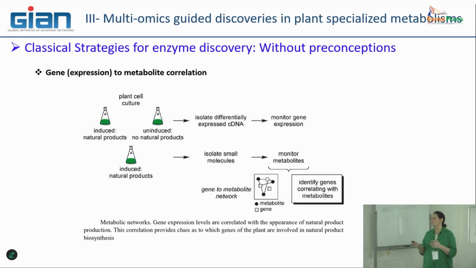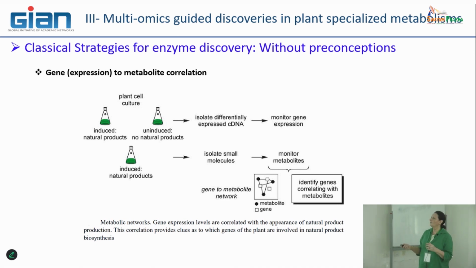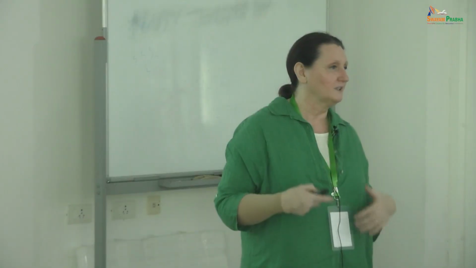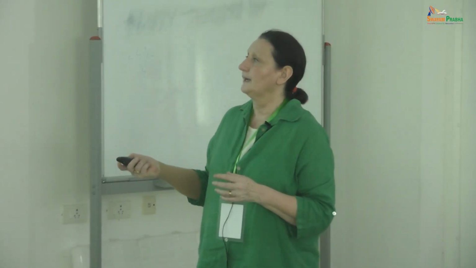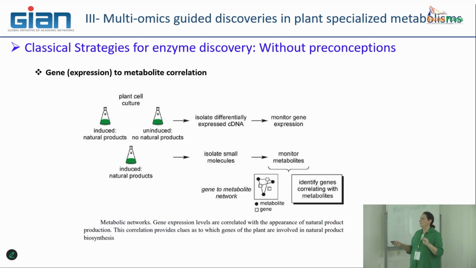And what is also interesting is that if you have also isolated all the small molecules, meaning you have done a metabolomic study, you can monitor the gene expression and the metabolite expression to make what we call the gene-to-metabolite network.